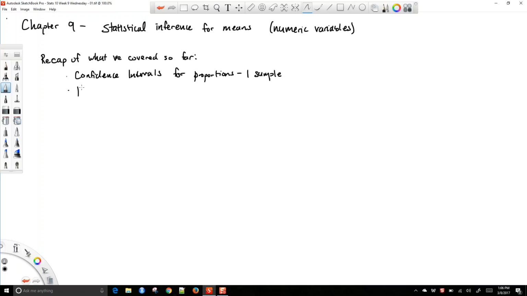Okay, and then we covered hypothesis tests for proportions, also with one sample. And then we've covered hypothesis tests for proportions with two samples.